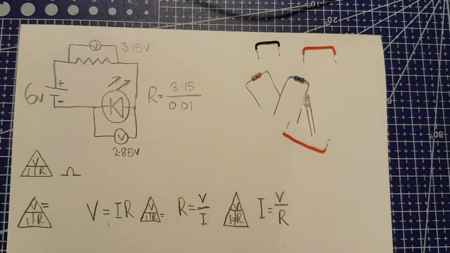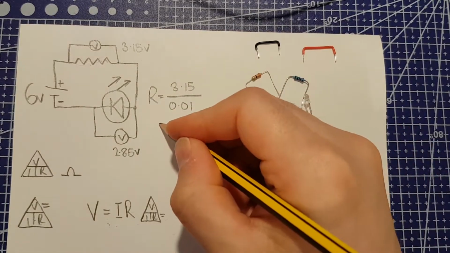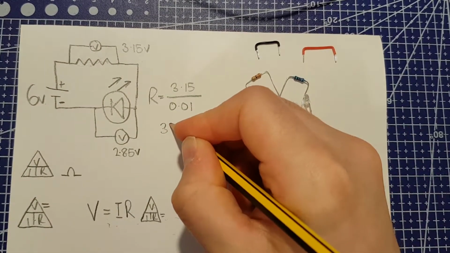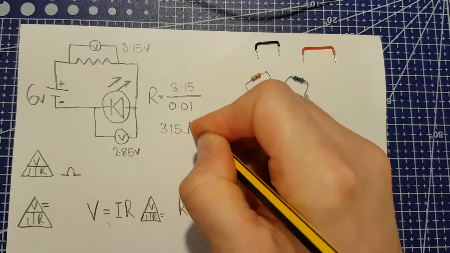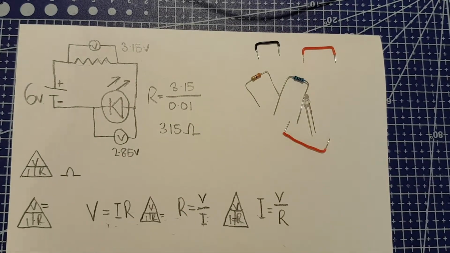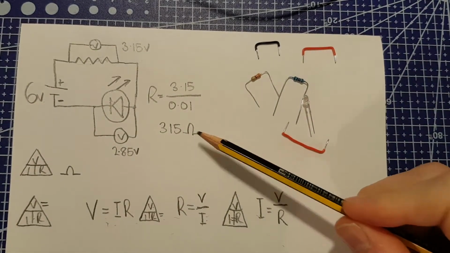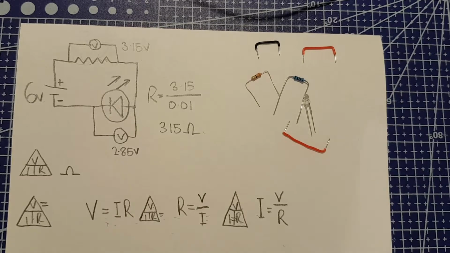Now if you do 3.15 divided by 0.01 in your calculator, you are going to get a value of 315 ohms. So that is the resistor we need to use if we want 10 milliamps. Now I haven't got a 315 ohm resistor because it's a little bit of an oddball size.